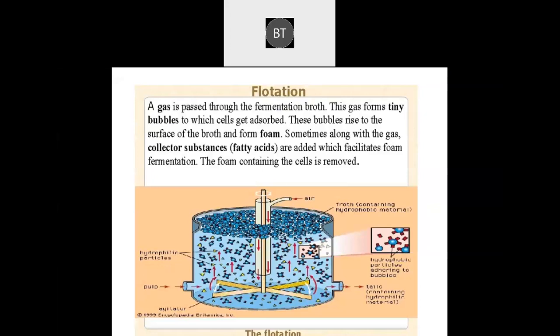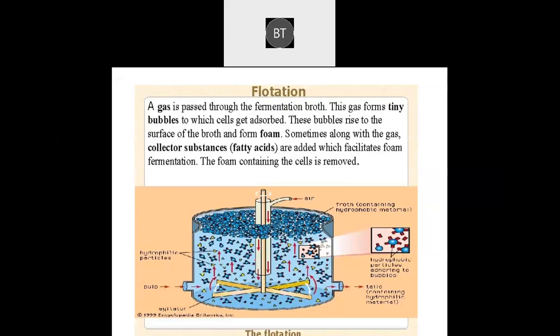So these bubbles rise to form a foam layer which can be collected and removed. The presence of certain substances referred to as collector substances facilitates stable foam formation, such as long chain fatty acids and amines.